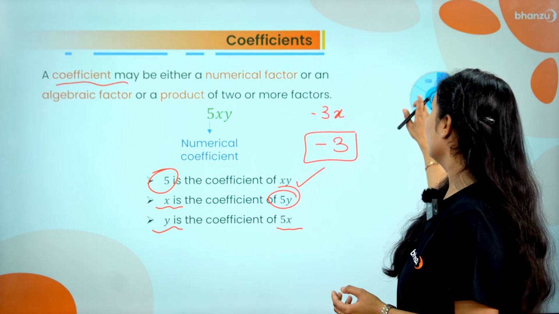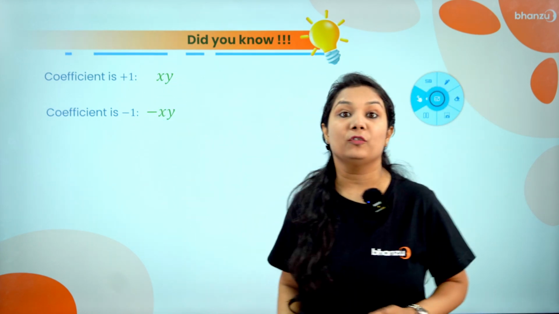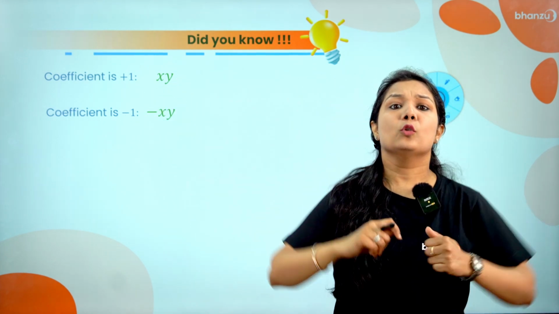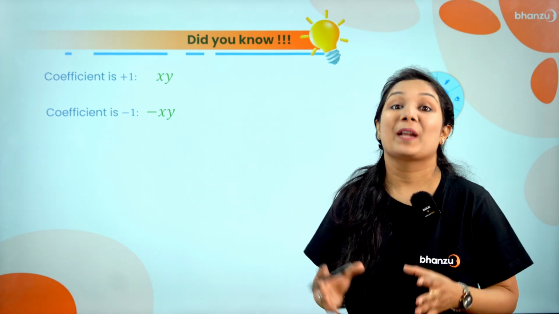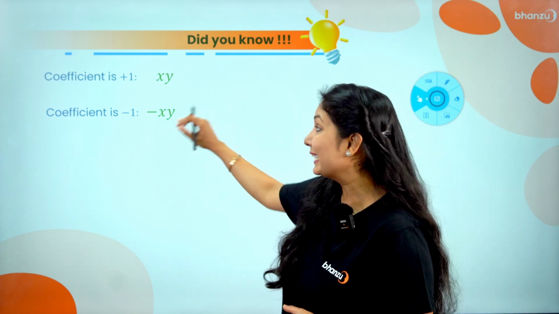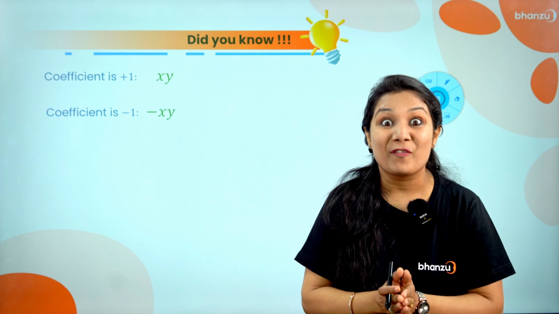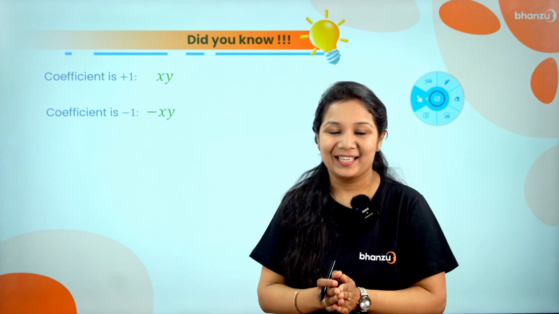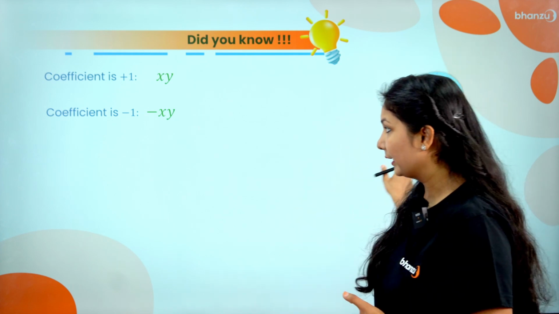So let's see few examples for it. That coefficient is plus 1 in the first case. Why? There is no number written with no sign. So it's plus 1. But if it's minus xy, you cannot ignore the minus sign as I told you. So the coefficient would be minus 1. So 1 is a factor of every number, but we do not mention it, right?